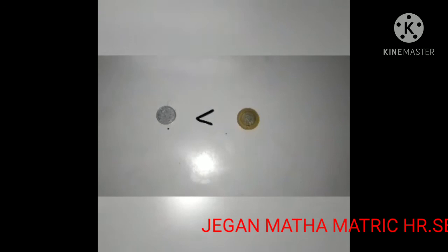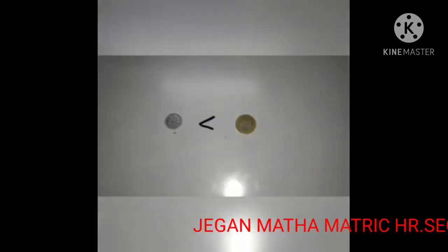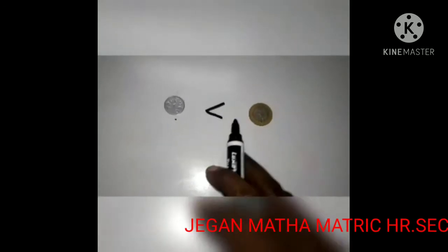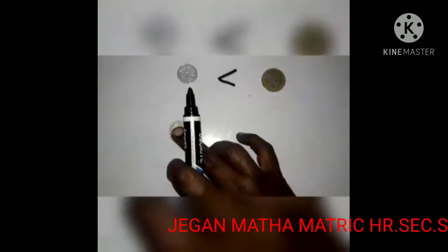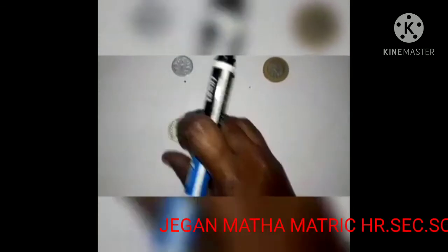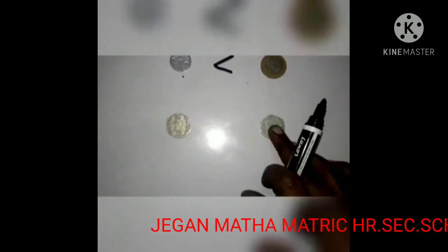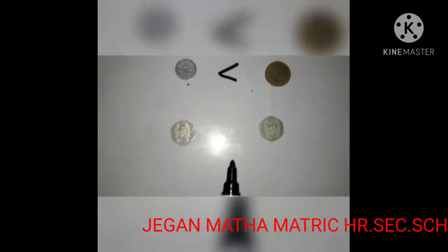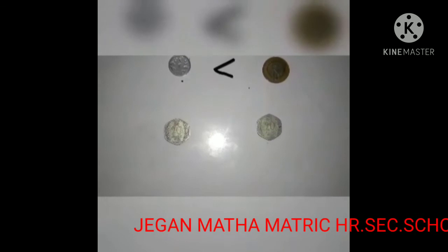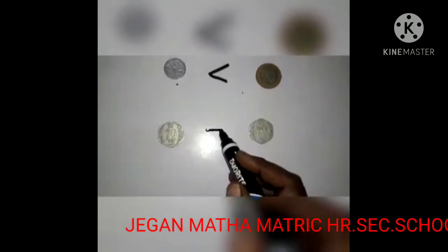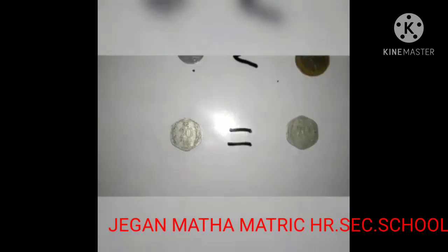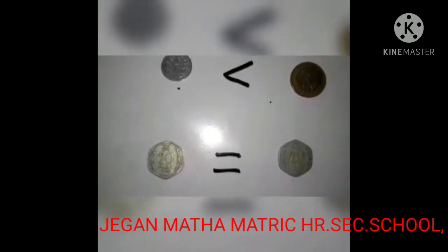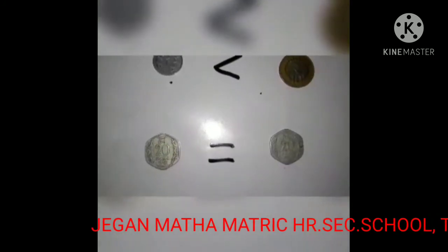So less than sign. 1 rupee coin is less than 10. Now 20 paise, here also 20 paise. Both are equal.